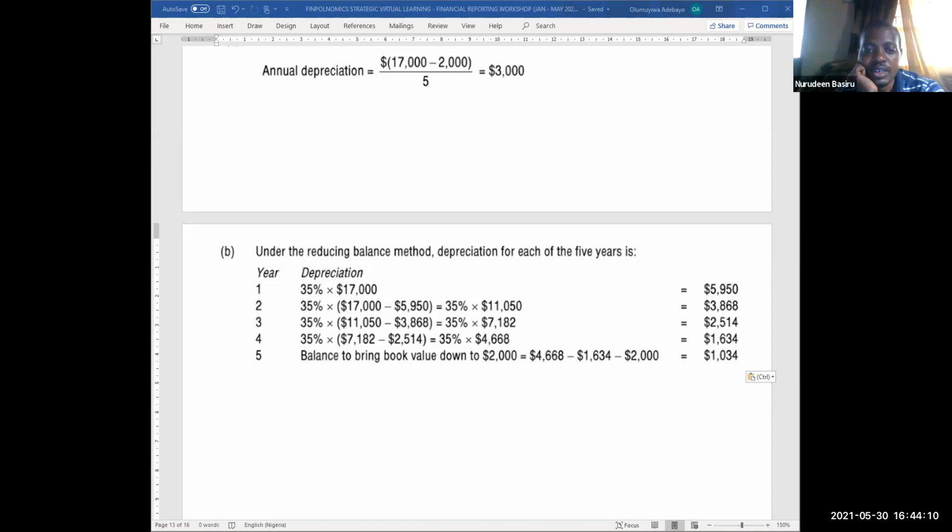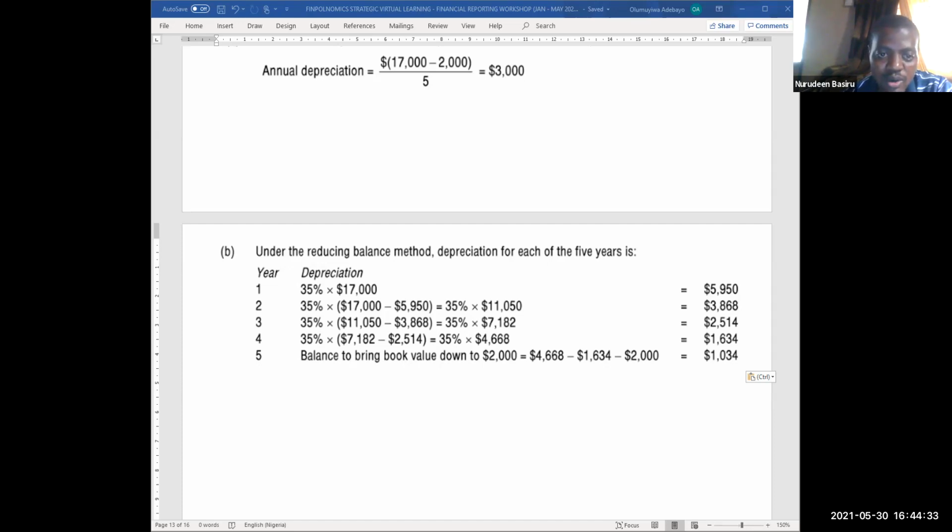Okay, let me go ahead. Using reducing balance method, in the first year, the cost of the asset is $17,000. Based on reducing balance method, we are expected to use 35% as depreciation.